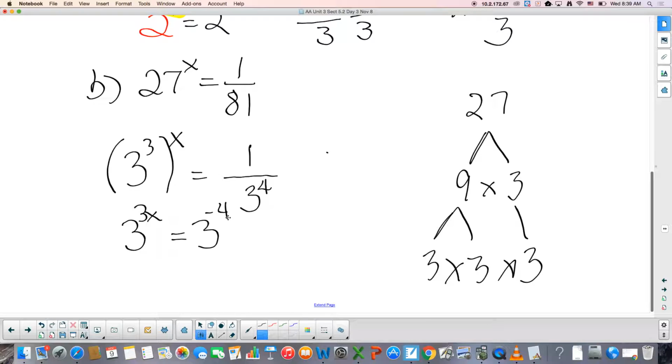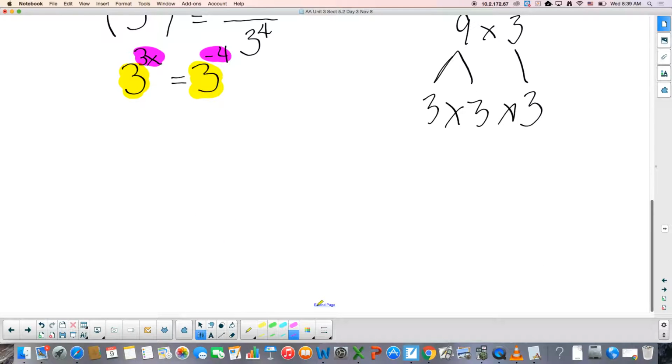Now I do, because now the bases are the same. I've got a base here of 3 and a base here of 3. So these have to be equal, and that gives me an equation that I know how to solve. And you do too. 3x equals negative 4. Yes, exponents can be negative.